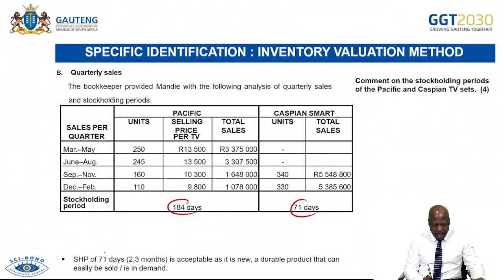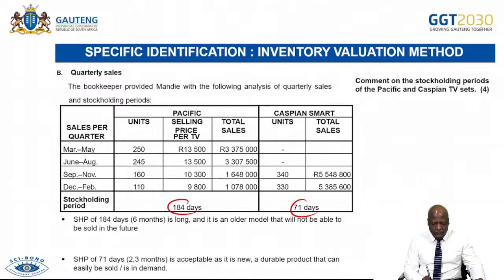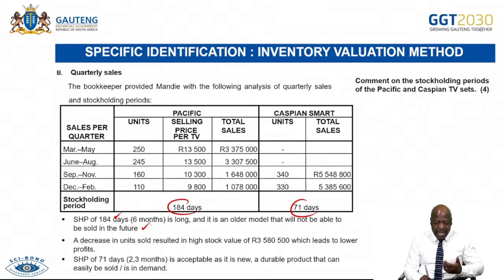The first one that I would say is the stock holding period of 184 days, which is 6 months, is long, and it is an older model that will not be able to be sold in the future. Remember the change in technology. Once we don't sell these old models, as new models are coming in, it becomes more and more difficult to sell them.